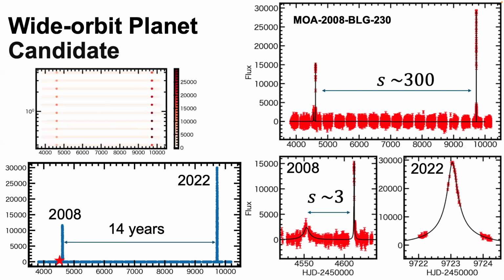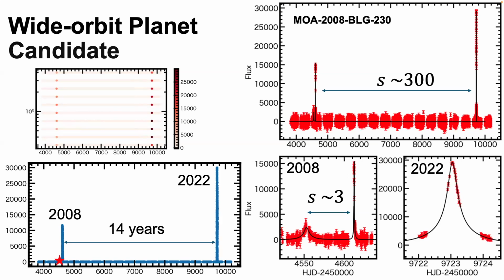So this s value is in the unit of Einstein radius. So very simple calculation, the separation between these two bumps is about 600 AU to 900 AU. Yeah, so it's very wide.